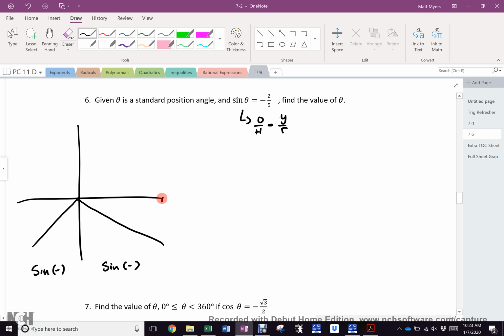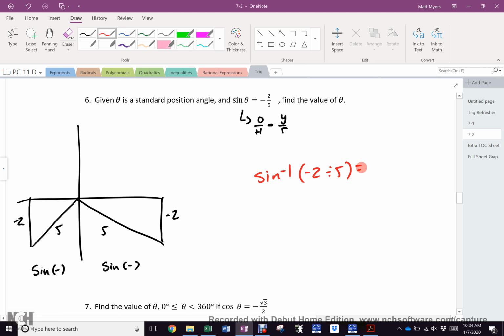So what do we know this distance is? Negative 2. And this distance is? And this distance is 5. Do we need that to solve the problem? Or can we get a value of theta with only the fraction? We can, can't we? We can use our calculator to do shift sine of negative 2 divided by 5, can't we?